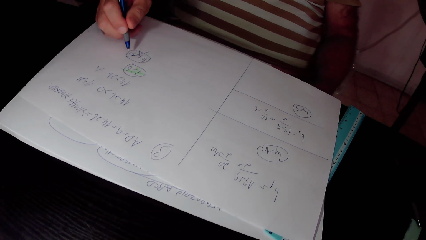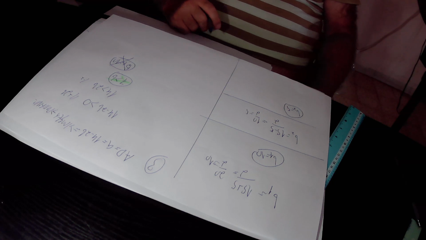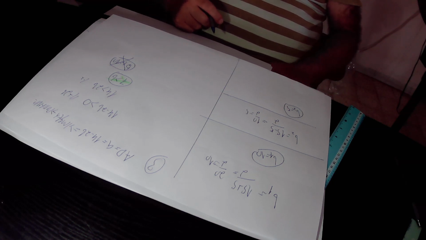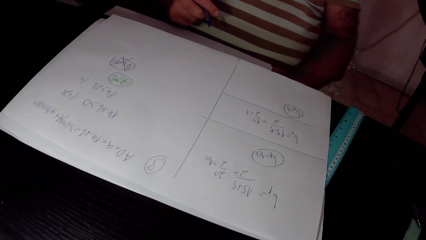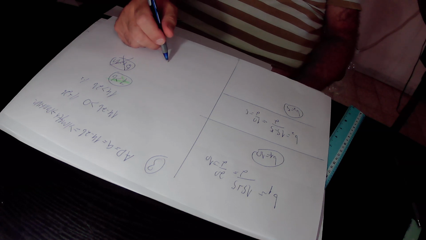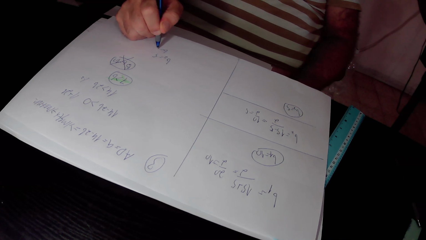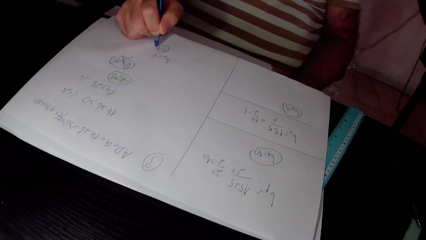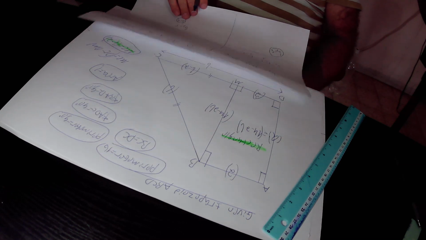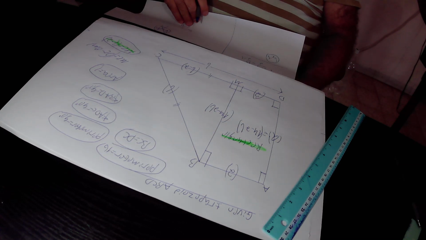We cancel this solution, and we are left only with the second solution for b, that is b2, which equals 5, or b equals 5. So we found that b equals 5 units in length.